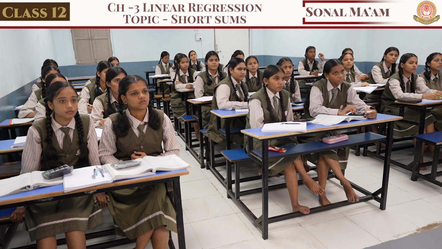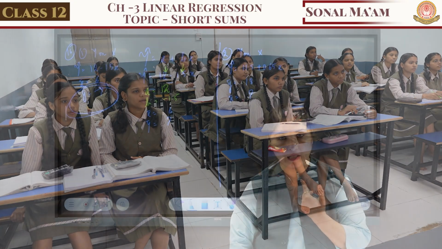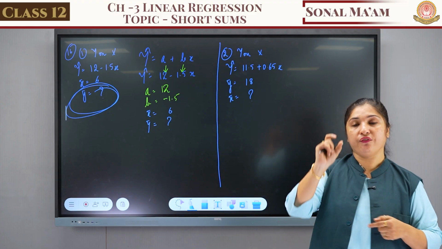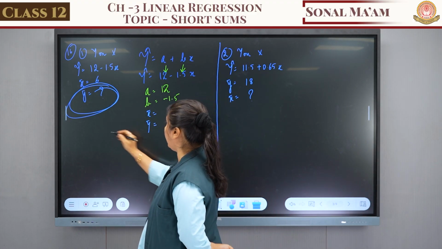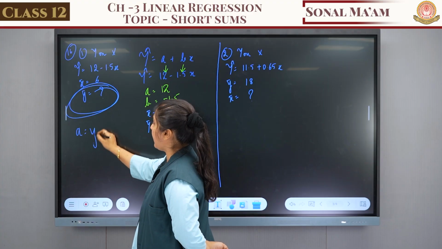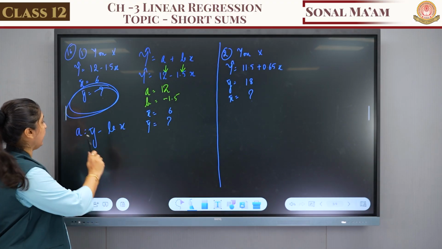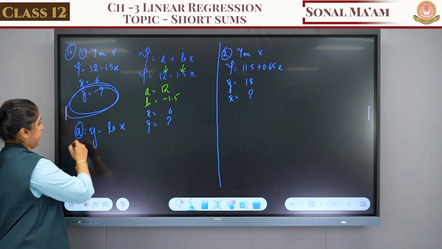The formula of a. Why a? Because in a we have y bar and x bar, and we know a also. If there is one missing figure, we can find it. The formula for a is y bar minus b x bar. See carefully: a is equal to y bar minus b x bar. We have a, we have b, we have x bar.